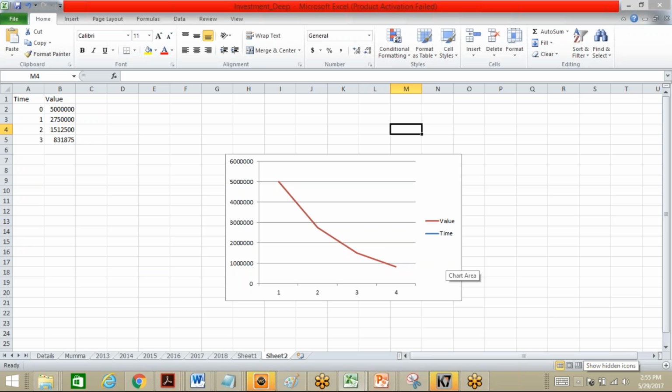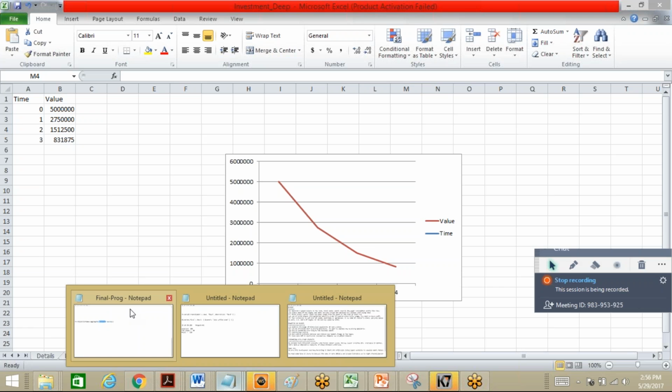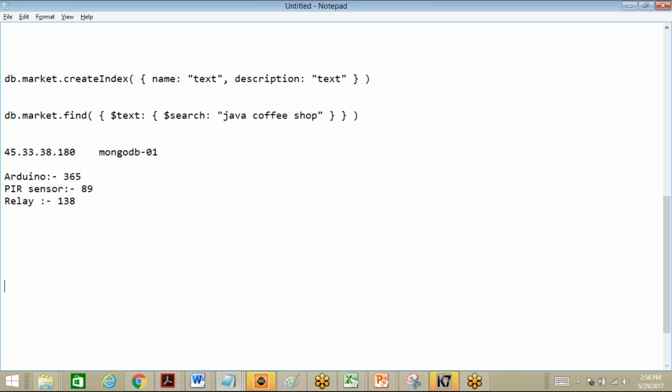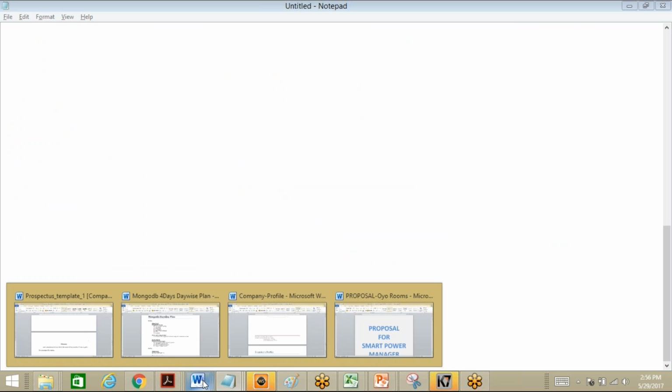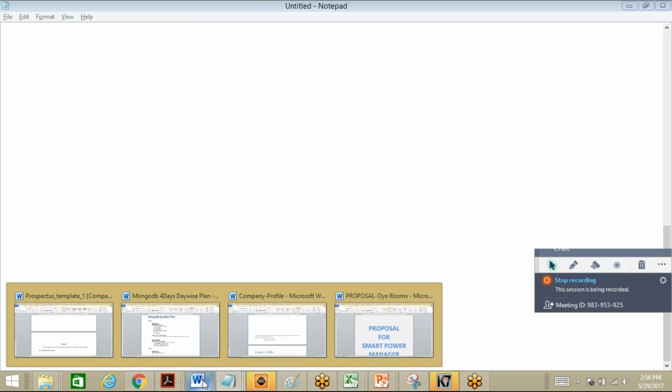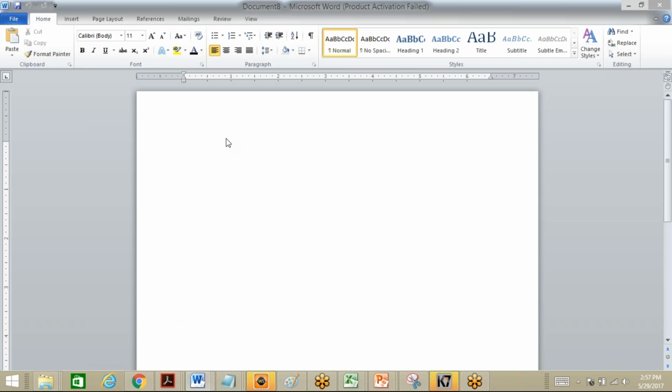So in that case, let me use my notepad. We have a mathematical model which is exponential in nature, and we can take it as something. We can derive a function for this exponential graph as we have just seen.